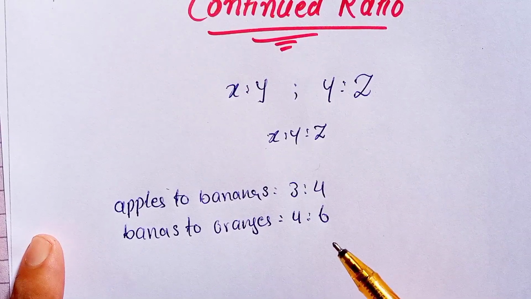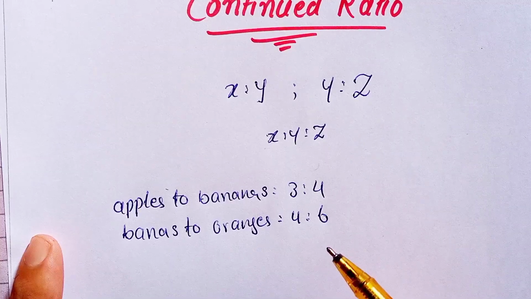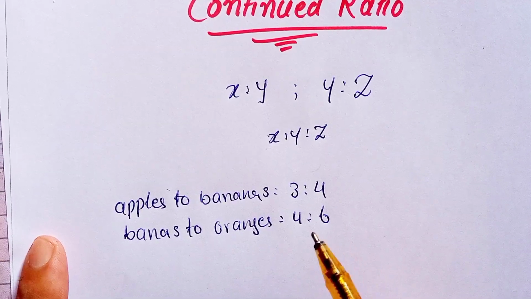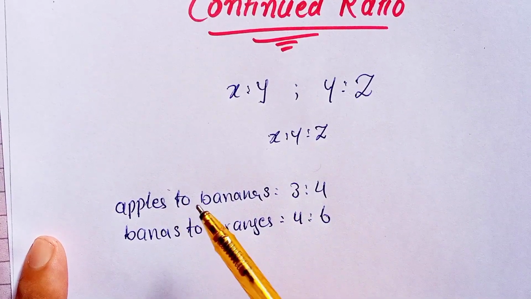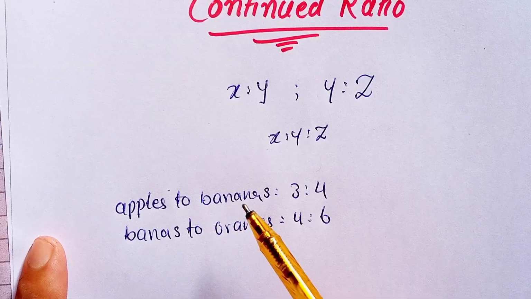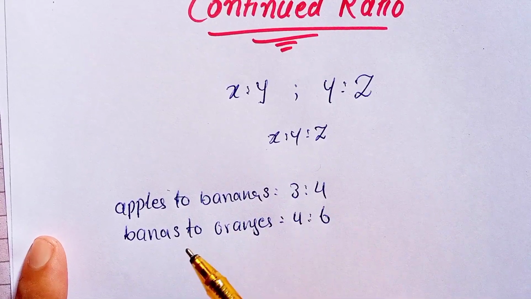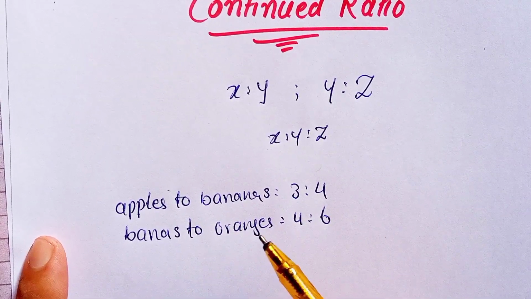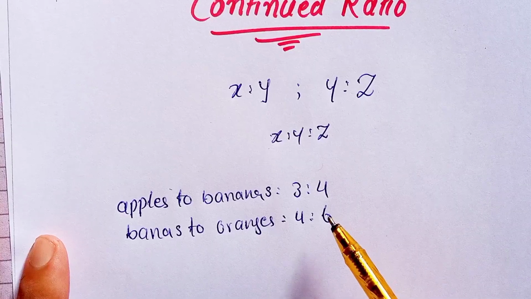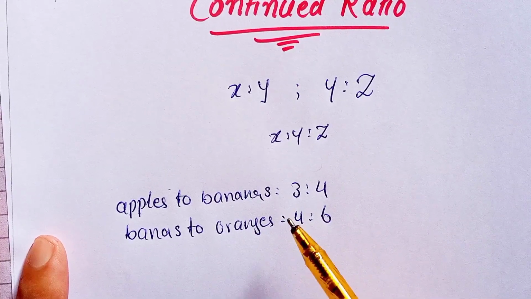Now we are going to calculate the continued ratio of more than two quantities, just like the ratio of apples to bananas as 3:4, and the ratio of bananas to oranges as 4:6. Now we have to find the continued ratio.